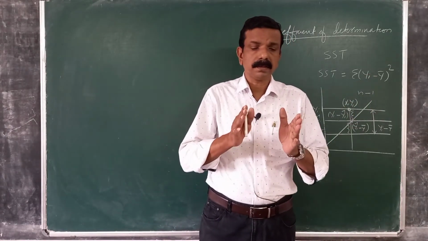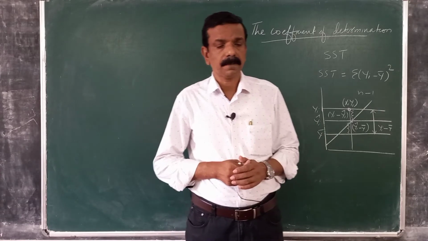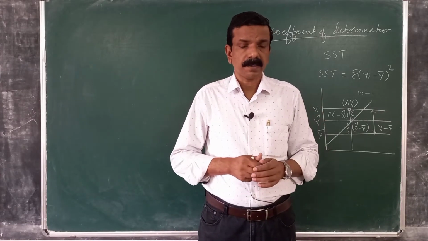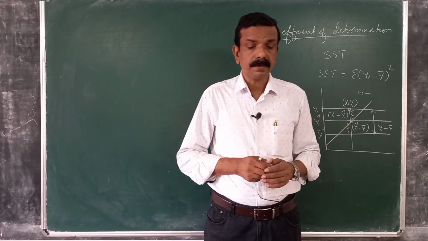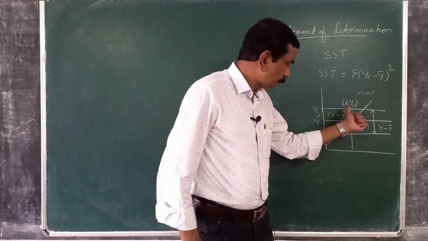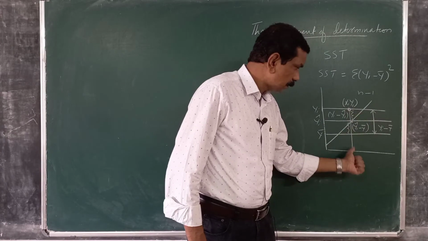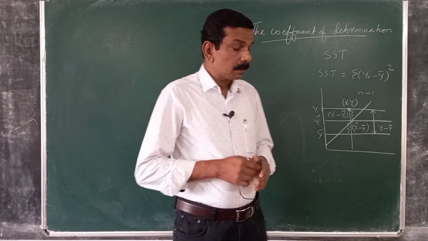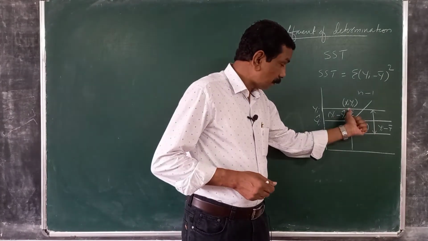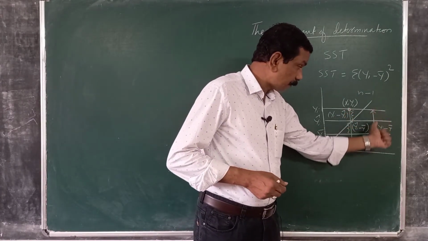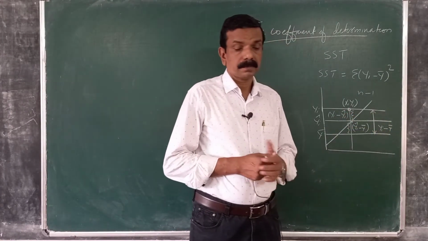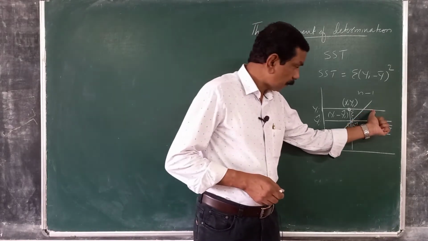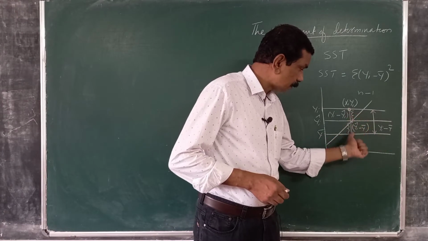To measure the amount of variation in the observed values of the response variable explained by regression, you consider a particular point xi, yi. The total variation is yi minus y bar, and it is divided into two parts.